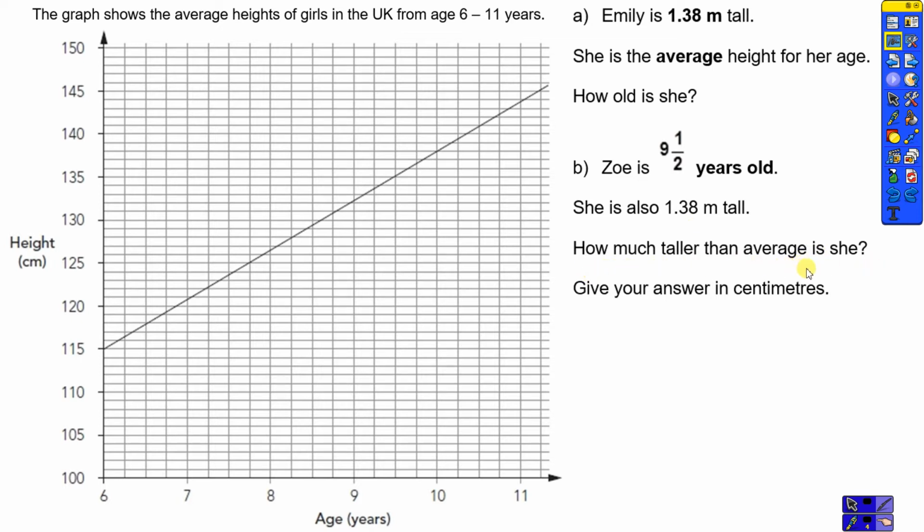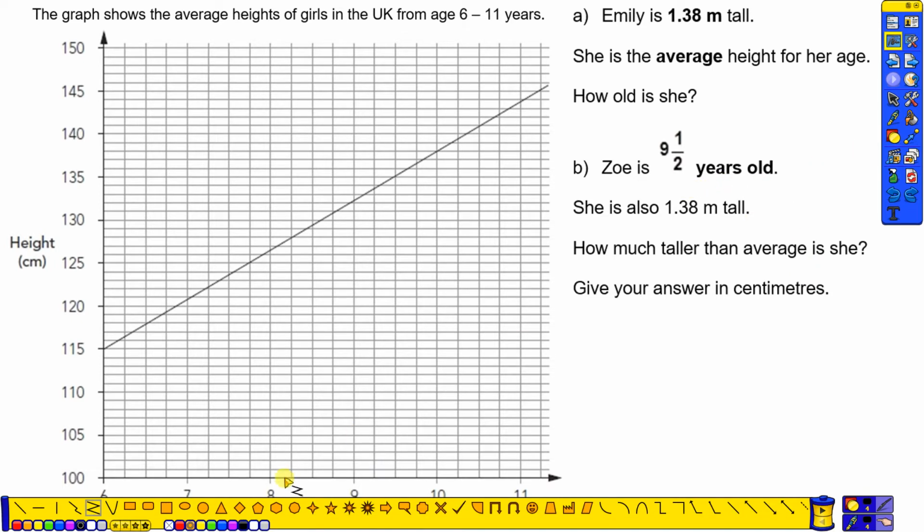Well, we need to find what the average height for a 9.5-year-old is. So we need to find 9.5 on our graph. Now there are 1, 2, 3, 4 lines between each year. So half of 4 is 2, so we need to go 2 lines on from 9.